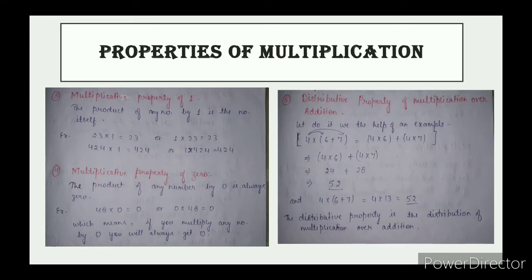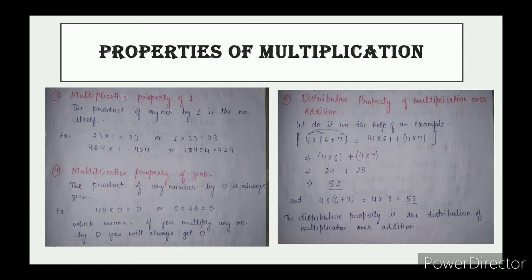Now the fifth property is distributive property of multiplication over addition. Let's do it with the help of an example. Here I have taken the number 4 multiplies 6 plus 7. So first we have to follow the rule, which is to distribute the multiplication over the addition like this.